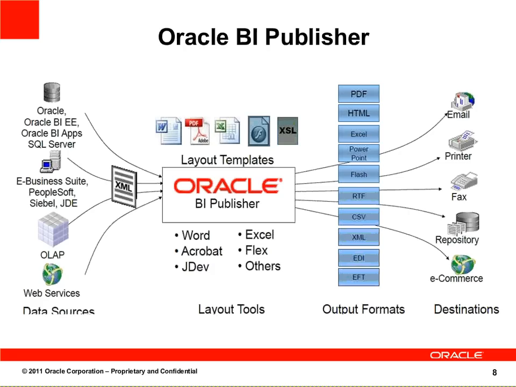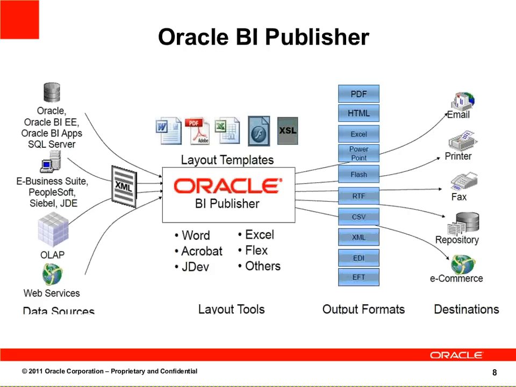this middle portion, which is the Oracle BI Publisher server. On the BI Publisher server, we have these layout templates. We call them templates because they are like skeleton formats where you can define the title of the report, the forms, the tables, or the layout. You can put in graphics.